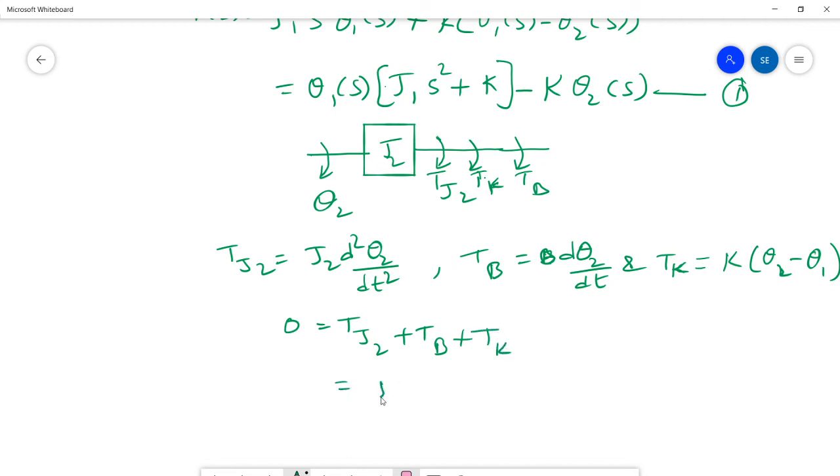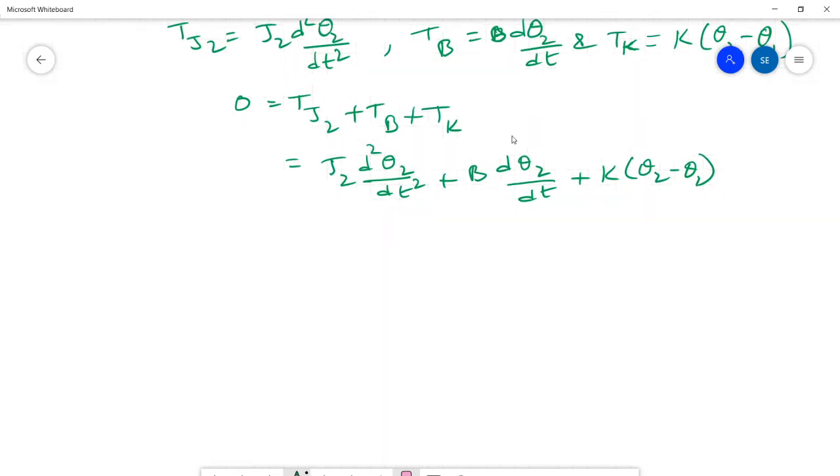So we substitute all those terms: J2 d square theta 2 by dt square plus B into d theta 2 by dt plus K into theta 2 minus theta 1. Now apply Laplace transform.